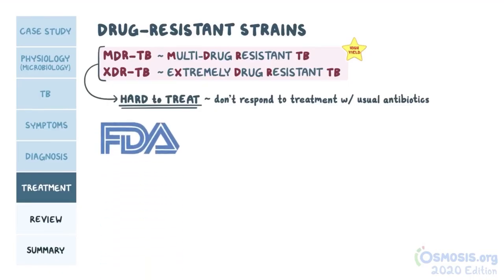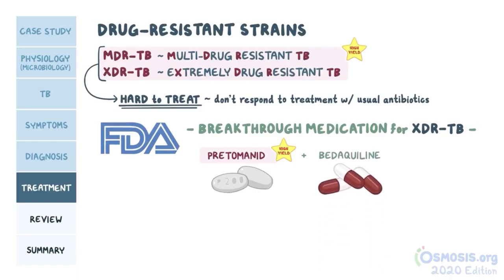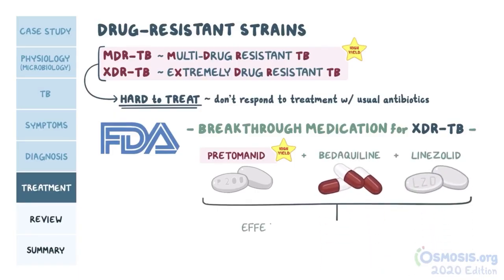Recently, the U.S. Food and Drug Administration has approved a breakthrough medication for XDR-TB, called pretomanid. According to recent studies, a combination of pretomanid, bedaquiline, and linezolid has been effective for almost 90% of XDR-TB cases.